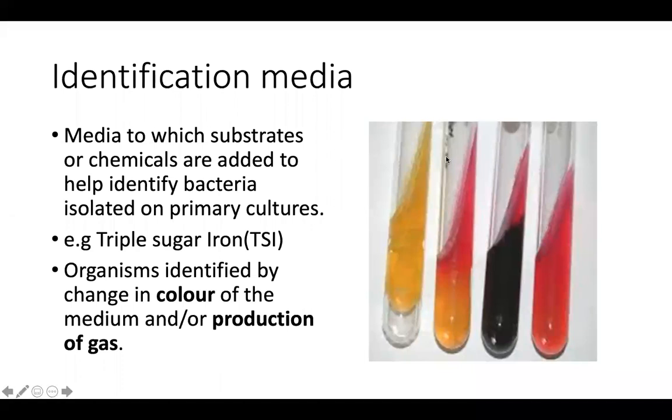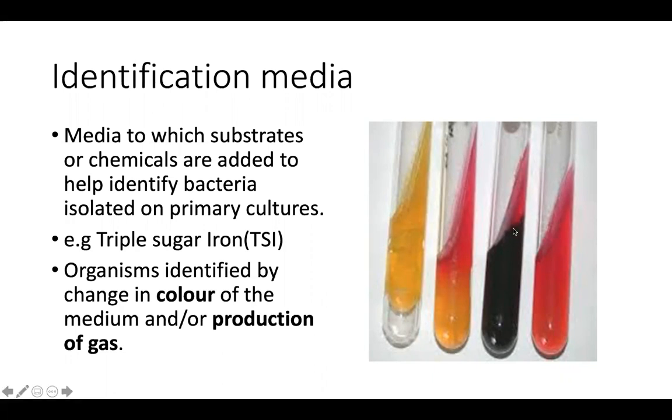But from the left, the yellow reaction, and you can see there's some space at the bottom of the tube. That means that the reaction of this bacteria resulted in some gas production, which is why there's some space in the middle, and the agar is raised. And you can see the different colors.